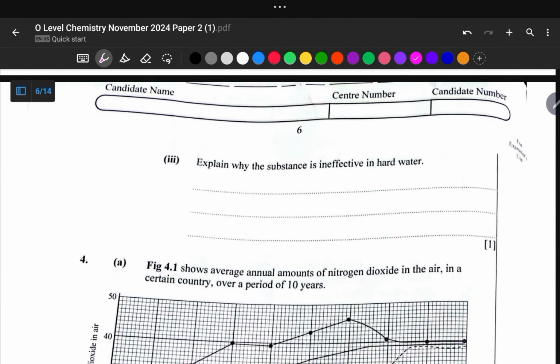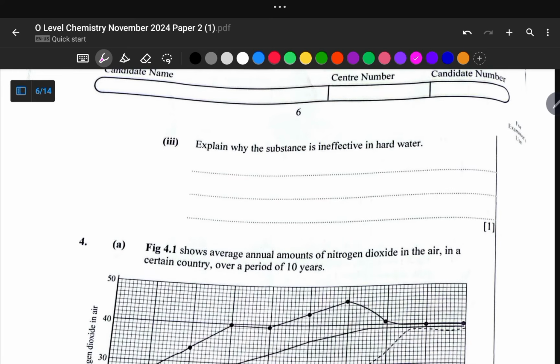Explain why the substance is ineffective in hard water. Hard water is defined as water enriched with the minerals magnesium and calcium, right? So why is it ineffective in hard water? Hard water contains the ions calcium and magnesium.